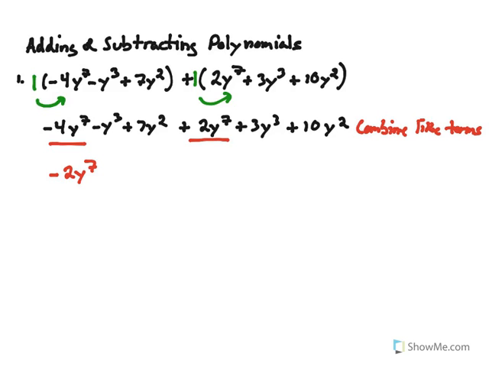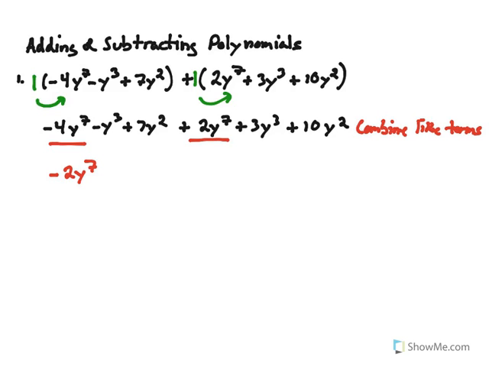So y to the 7th and y to the 7th, those are identical exponents, identical variables. So we can just go ahead and combine the coefficients, negative 4 plus 2. Just make sure you understand how to add and subtract positive and negative integers, right? That's really important.